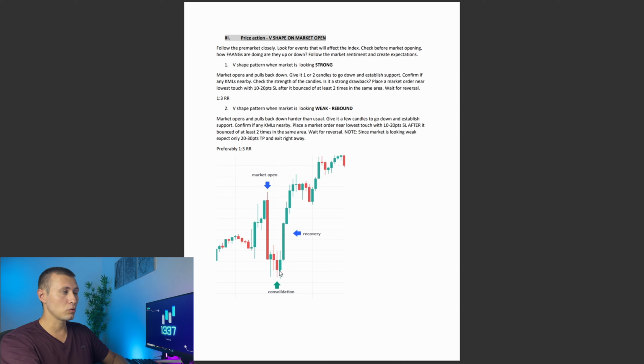When you see 2-3 candles consolidating, and you know that the pre-market is strong and everything is going up, this is where you enter with the minimum stop loss just below these candles, a 10-20 point stop, and you wait for the reversal. If there are any key levels here that support your theory, even better. If there are no key market levels, still just keep it 10-20 points and that's it.